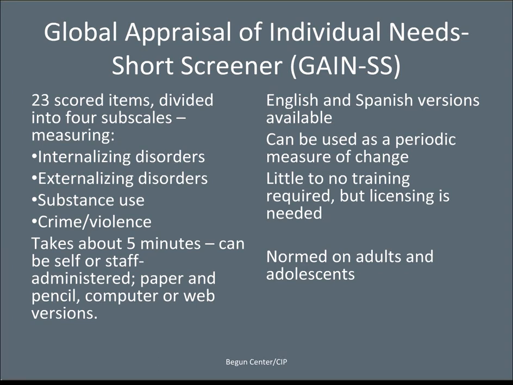So it's nice that this one is normed on adults and adolescents, and quite a few of the screeners and the assessment tools that are out there are not normed on adolescents. So it's nice that this one is.